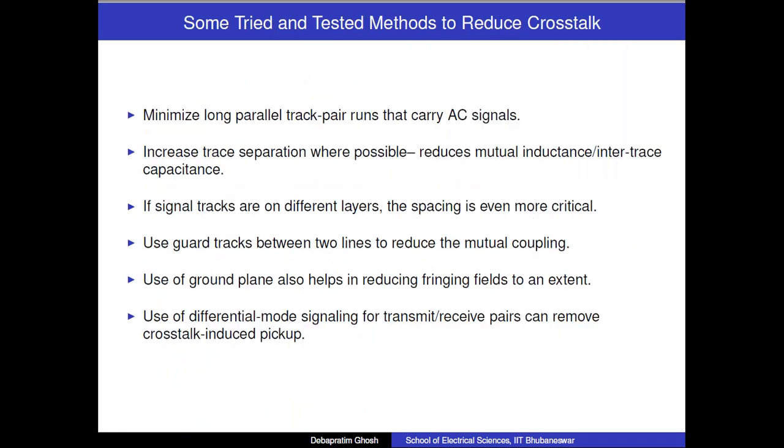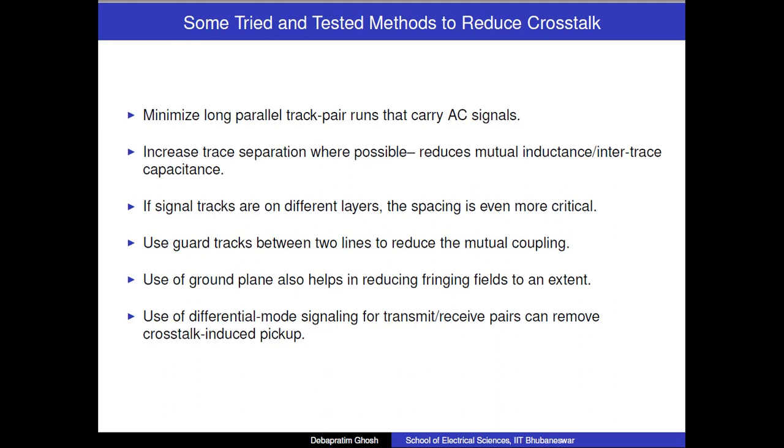So I mentioned, minimize long parallel track pairs that carry AC signals. But if the signal tracks are on different layers, it is even more critical that you separate them, because it should not so happen that one track is running on top and another parallel track is running on the bottom.